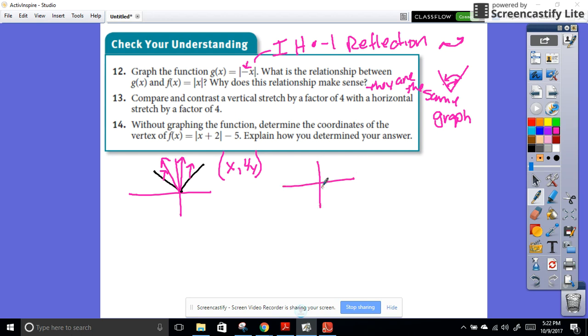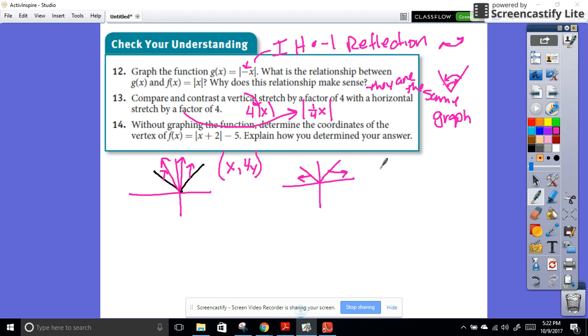A horizontal stretch by a factor of 4, I don't really know what they mean. Do they mean this? Because this is the vertical stretch by a factor of 4. This is a horizontal stretch by a factor of 4, and that is going to stretch it out like this.